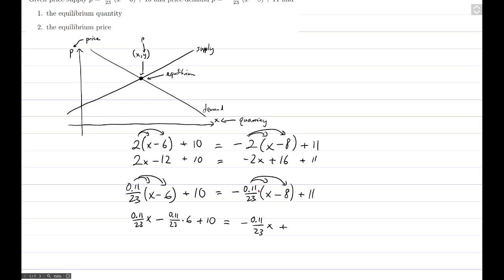So having taken care of signs, I'll just take the fraction, ignoring the minus sign, and this number 8, ignoring the minus sign, and then write the product of them right here. So 0.11 over 23 times 8, and then there's still this plus 11 that's hanging out, so we need to copy that.